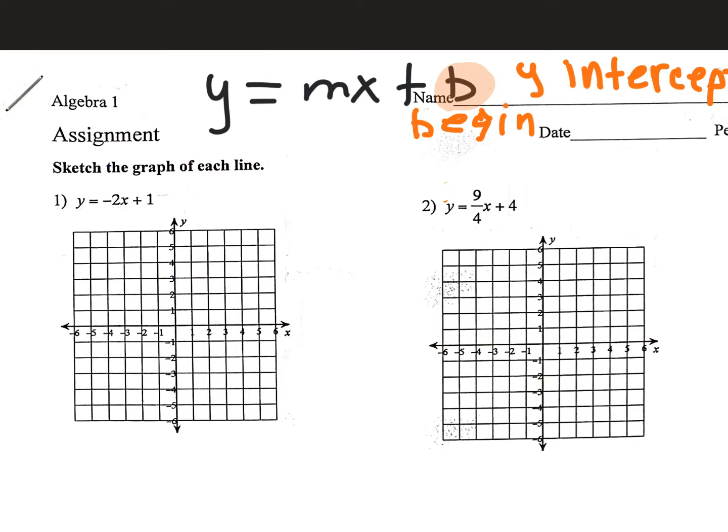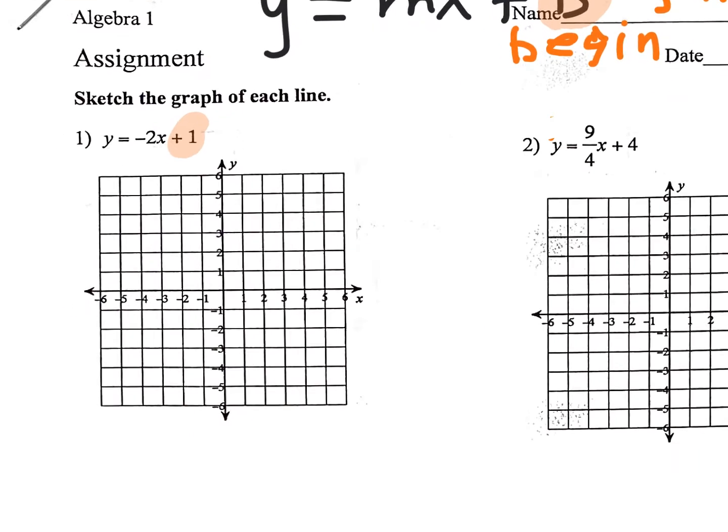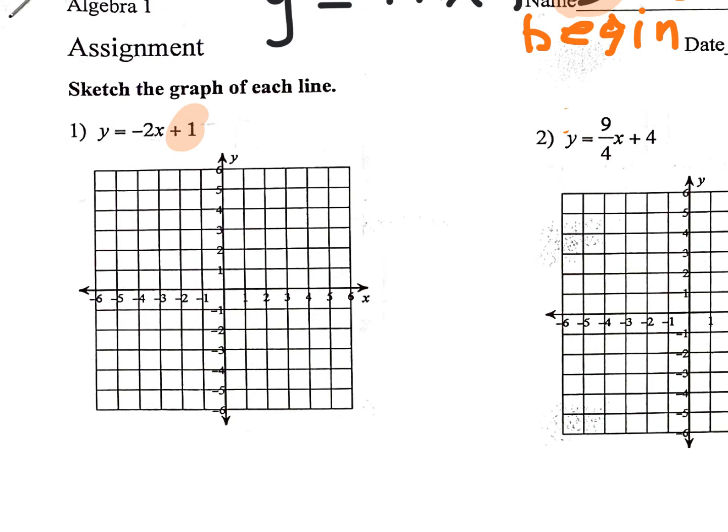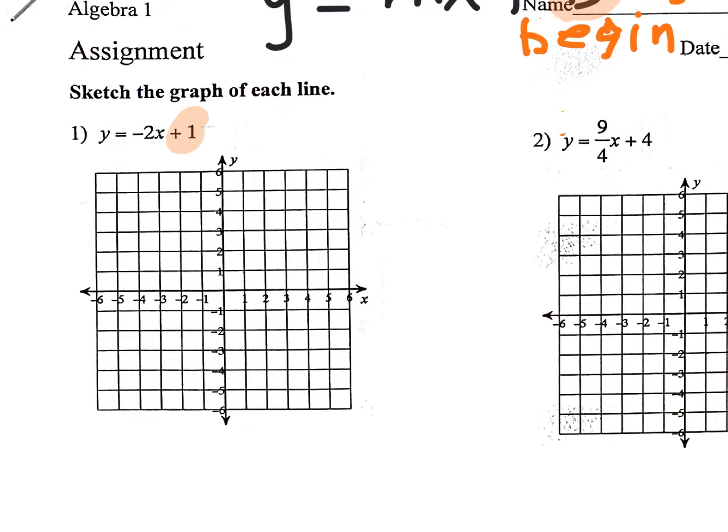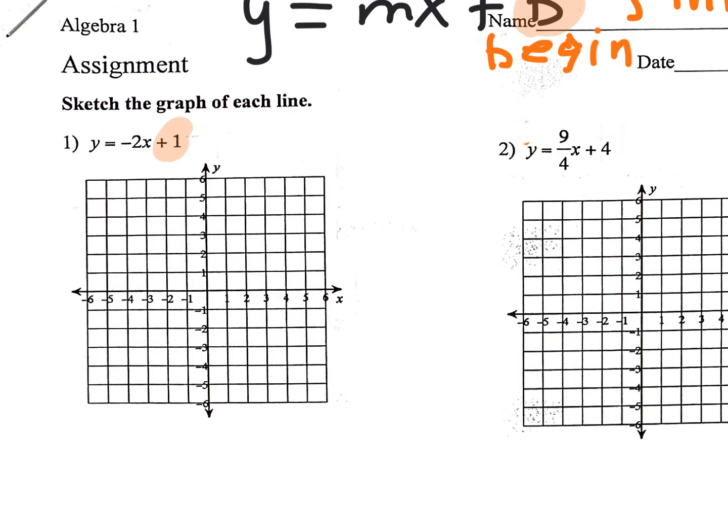So looking at example number 1, there's my b. That's where I'm going to begin. We're going to look at the y-axis and see how that says +1. That means the very first coordinate, our y-intercept, where it hits the y-axis, is going to be right there at +1 on the y-axis.